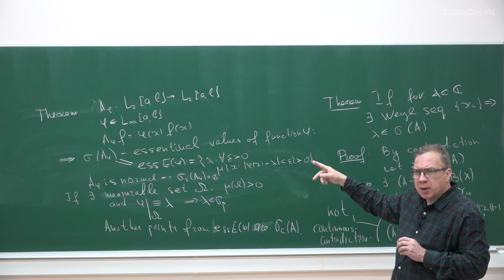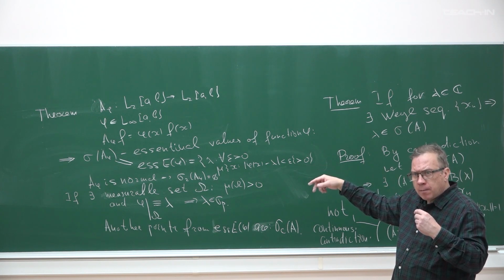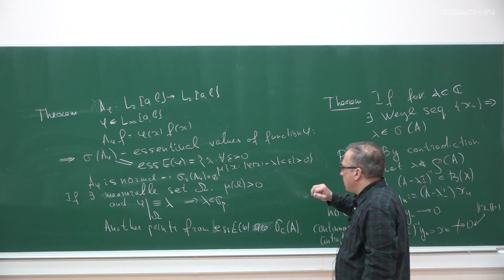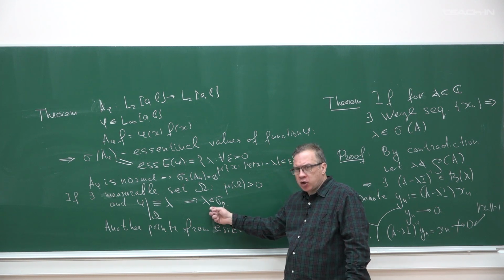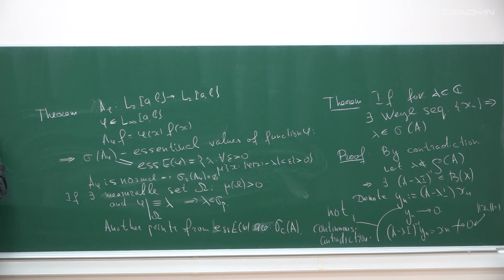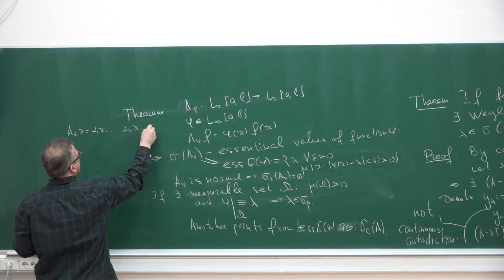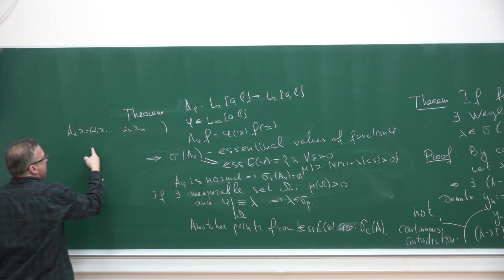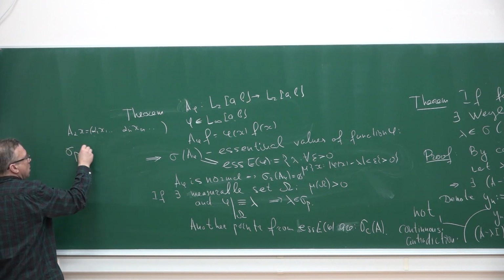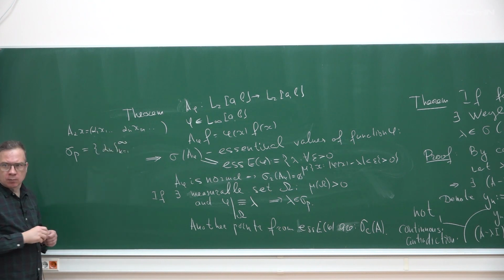You want to compare this operator with the operator of multiplication on a sequence in small l2, yes? Yes, I think there is an analogy between these conditions. But in this situation, if you consider this operator, A alpha x equals alpha 1 x1, alpha 2 x2, and so on, the point spectrum is just all these elements. The point spectrum is just the sequence alpha k. Alpha k? Yes.